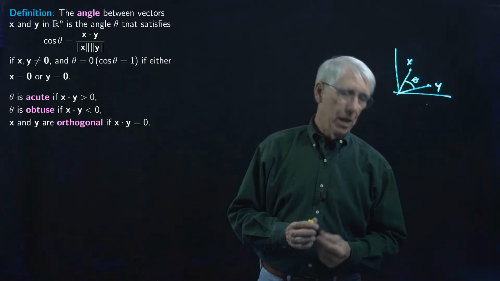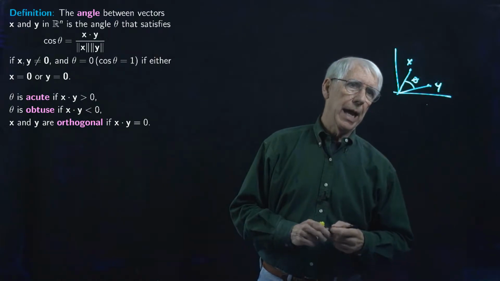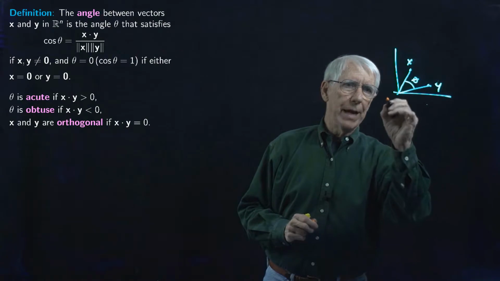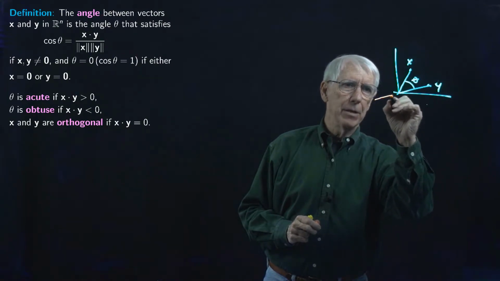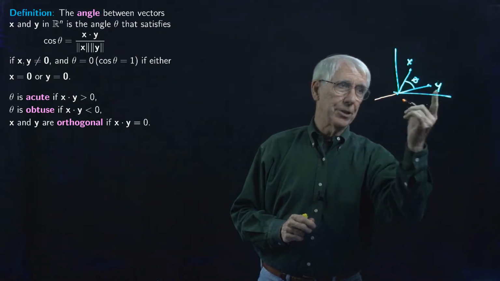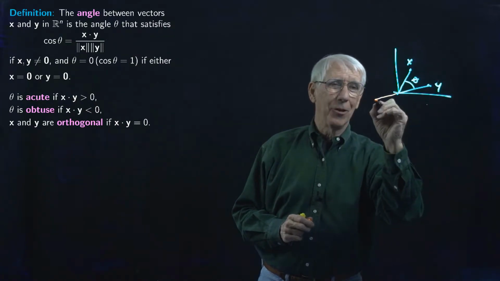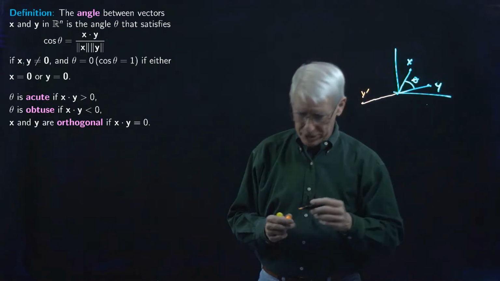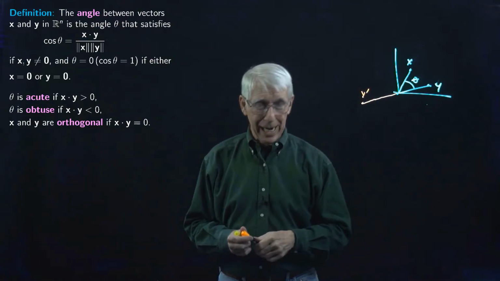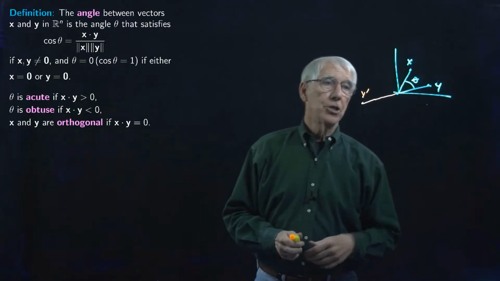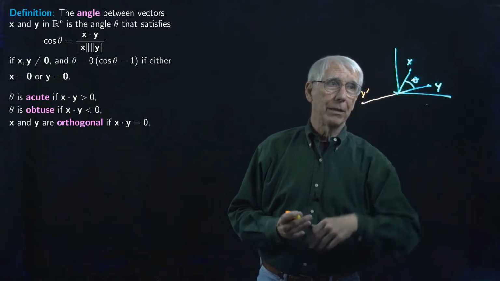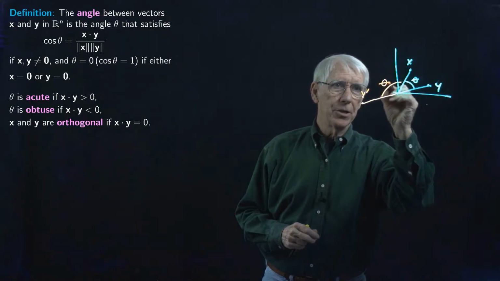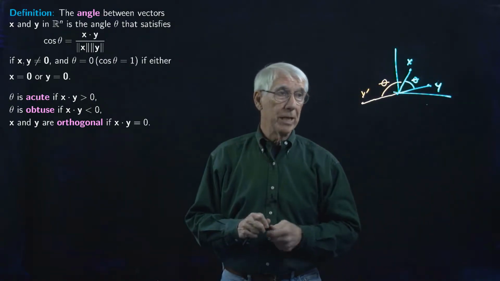If we now take a different color and draw a vector, I'll call it y prime, down here, in fact this is minus y, although maybe I'll make it a little longer. Okay, so let's make this y prime, which is simply a negative multiple of y, the way I've drawn it. And so the dot product of x and y prime, since this is an obtuse angle, is going to be negative.